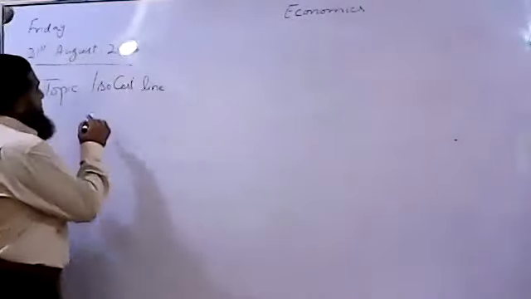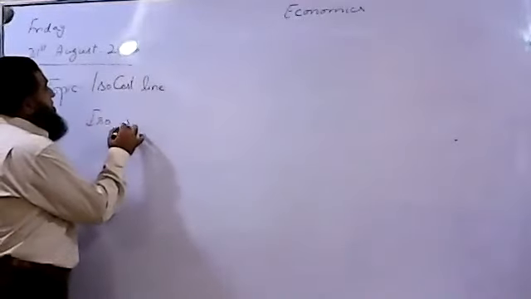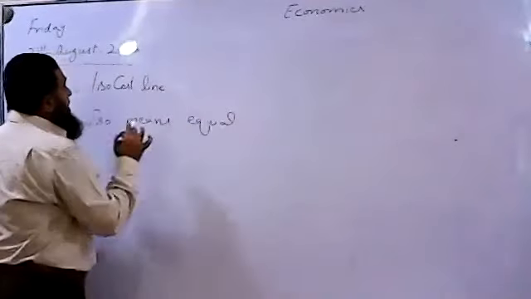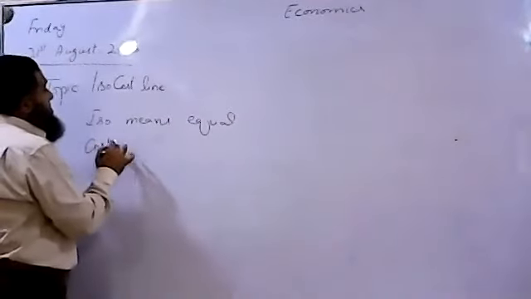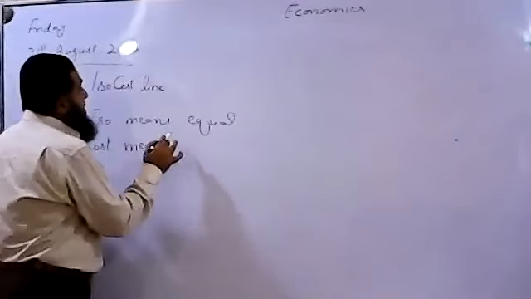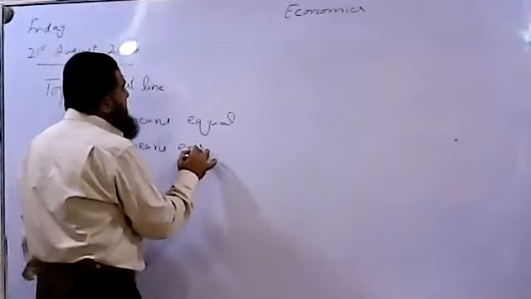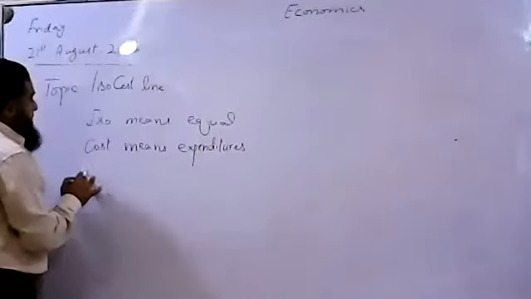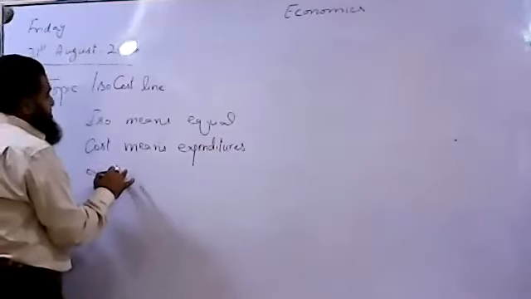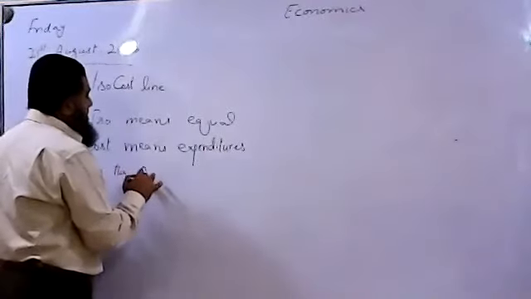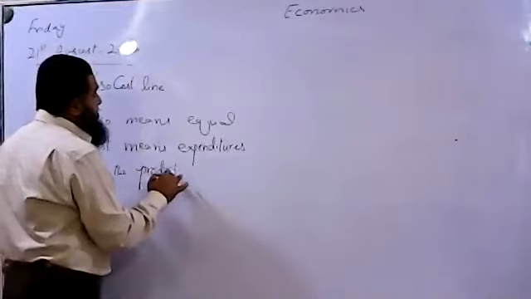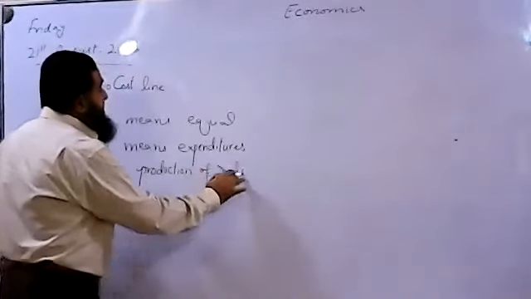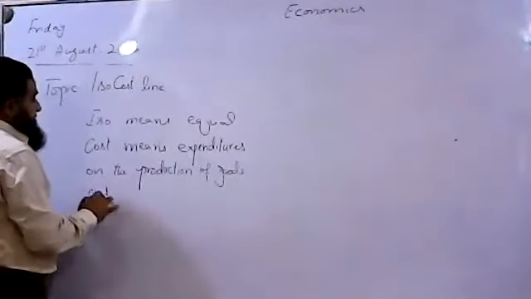I said iso means equal, whereas cost means expenditures on the production of goods and services.